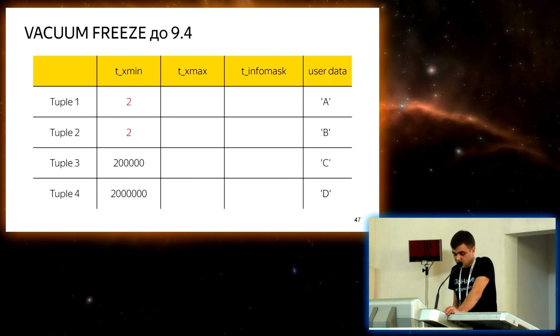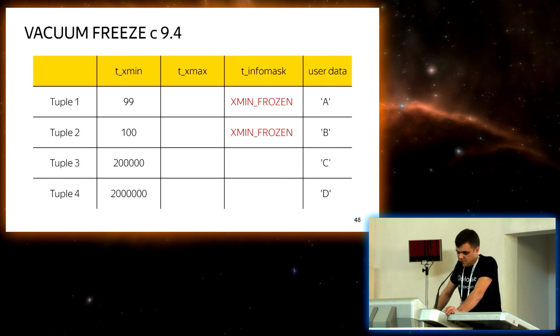Until version 9.4, a special frozen XID was put into this field. So backend would understand that the line was frozen using this value, but starting from version 9.4, the infomask field started to show the 2 bits, which meant that the transaction was frozen.